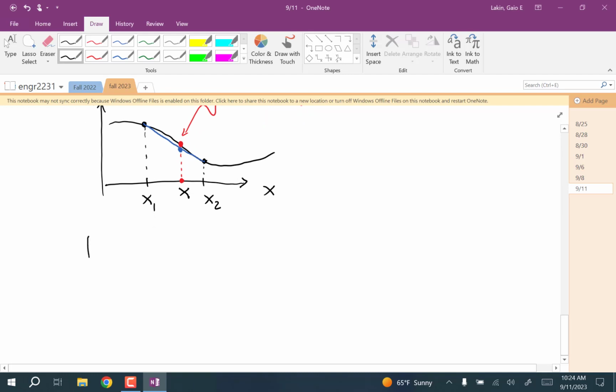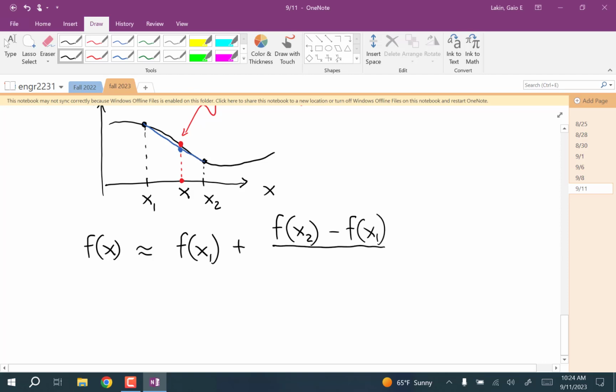And so this approximation, the function value at x is equal to the function value at x1 plus f of x2 minus f of x1 divided by x2 minus x1, times x minus x1.